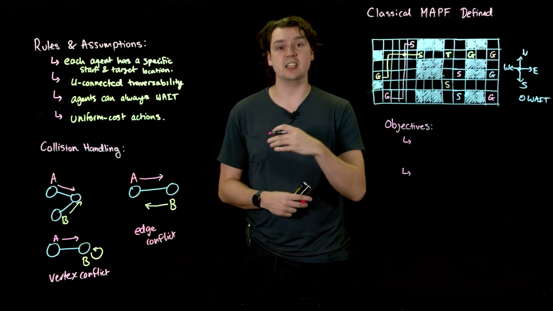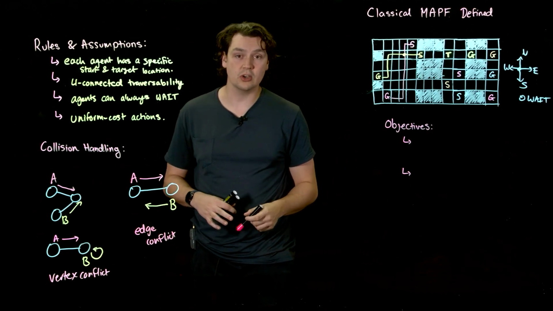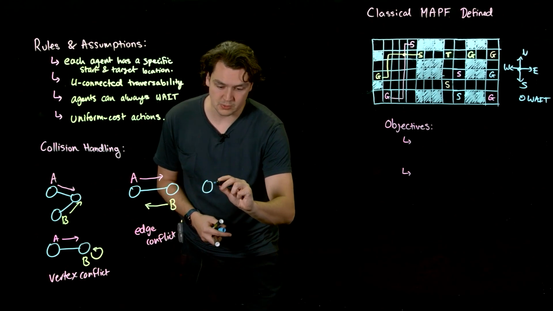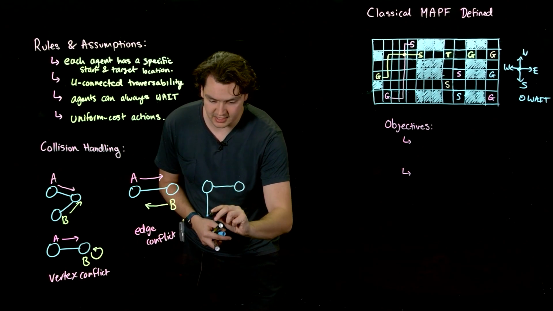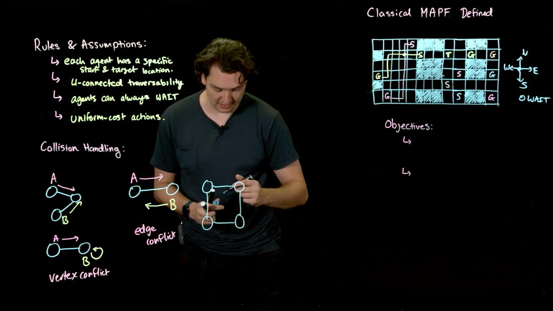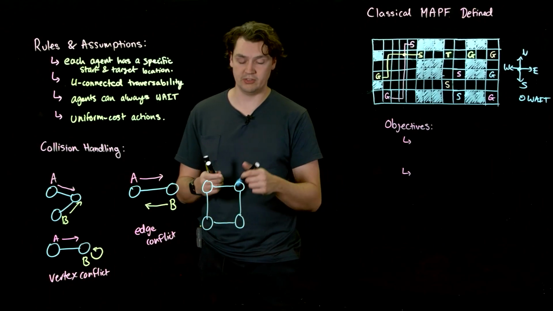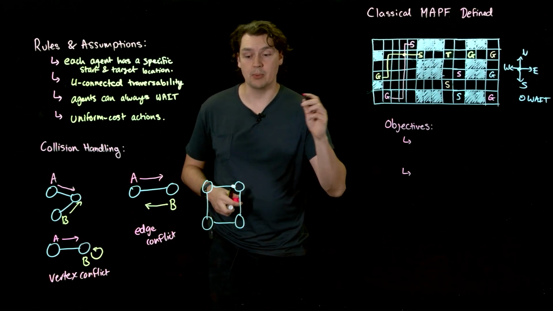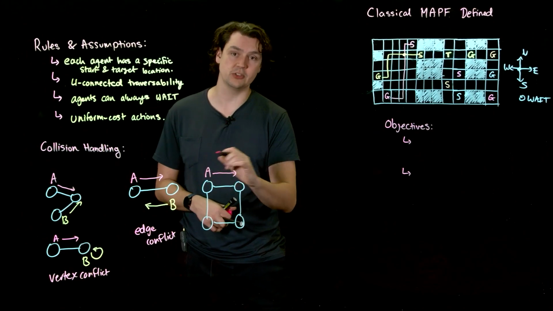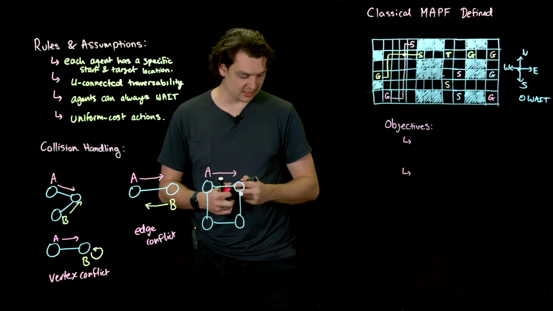Classical MAPF actually allows something called lockstep movement. Lockstep movement is the idea that agents can go around and follow the agent in front of them exactly. They perfectly fit. So here we're about to have a whole bunch of agents. I'll change color.